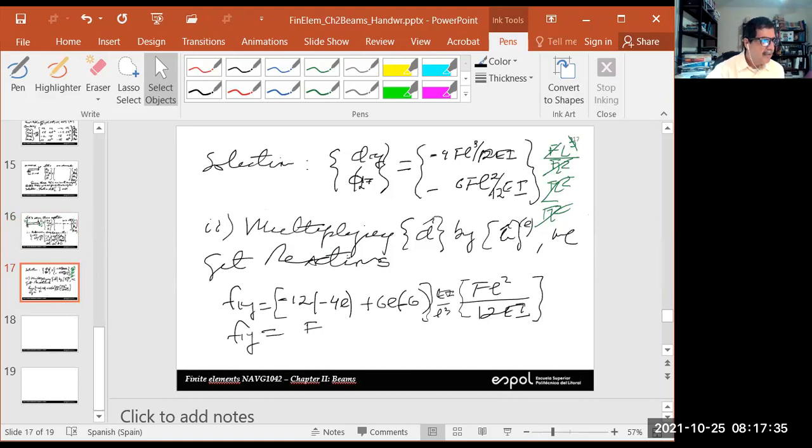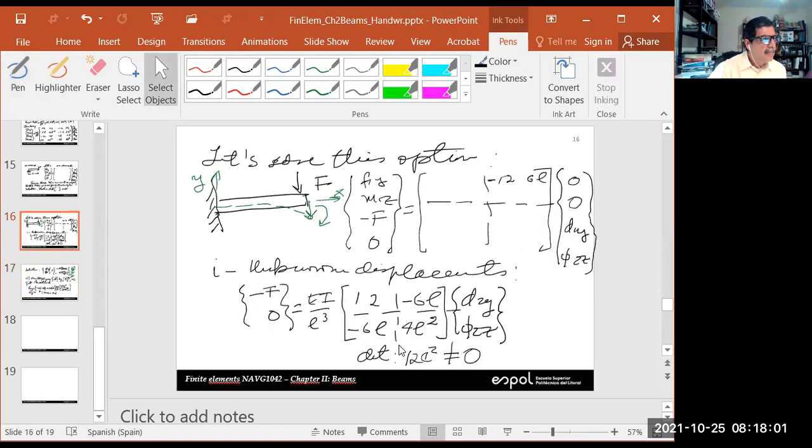Okay, and we can calculate, I'm not going to do it, but you have to do it. You can calculate M1z. That's going to be FL. And I'm going to put these points here, meaning that you have to do it at home. Okay? And again, it makes sense because if you have a force upward here, the thing will rotate in that direction.